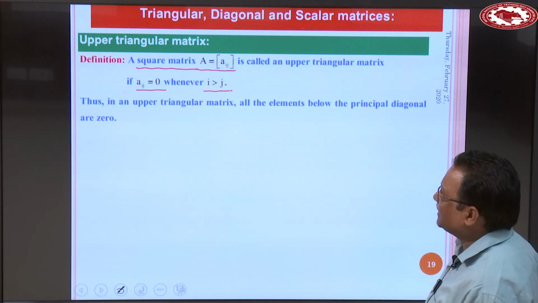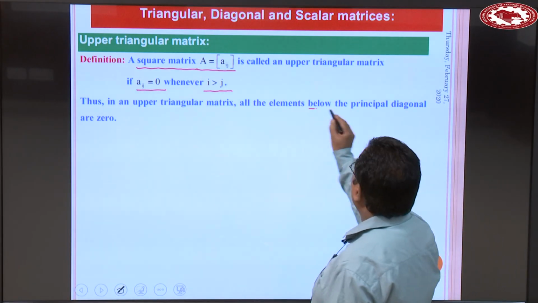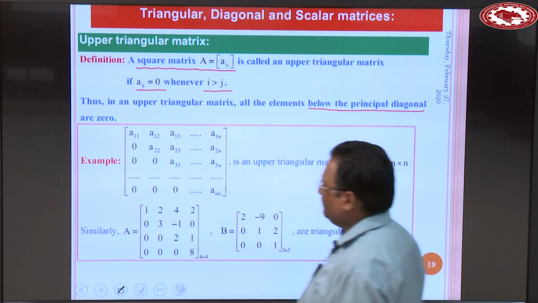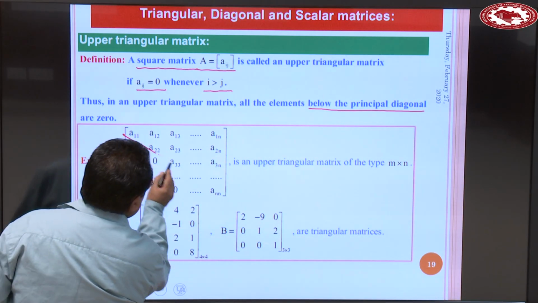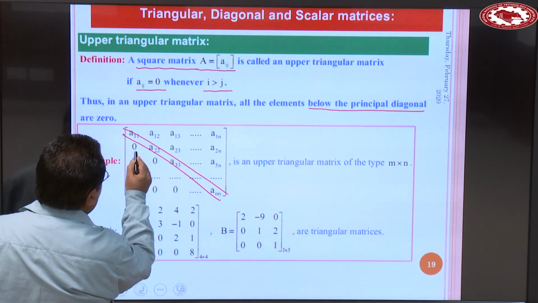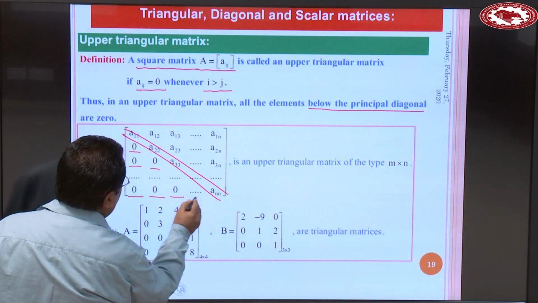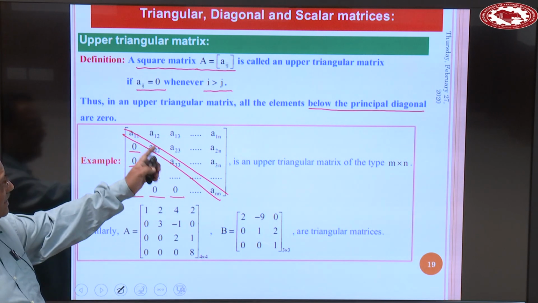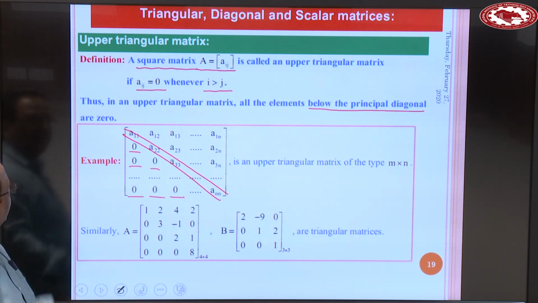Thus, in an upper triangular matrix, all the elements below the principal diagonal are 0, like this. This 0, this 0, this 0. Clear?